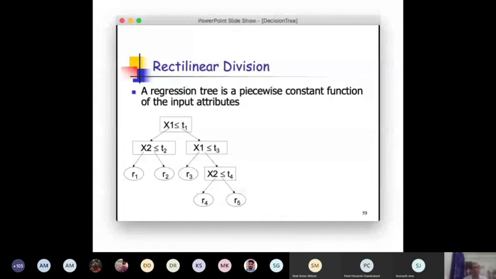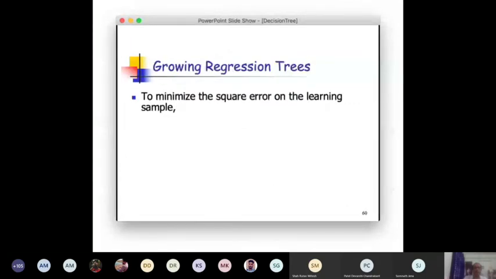Usually the attribute space, the domain, may be continuous, so you may have to have levels for the continuous domain, and then when it predicts, it predicts certain functional values. That is why it is a piecewise constant function. So this is one example of a piecewise constant function.